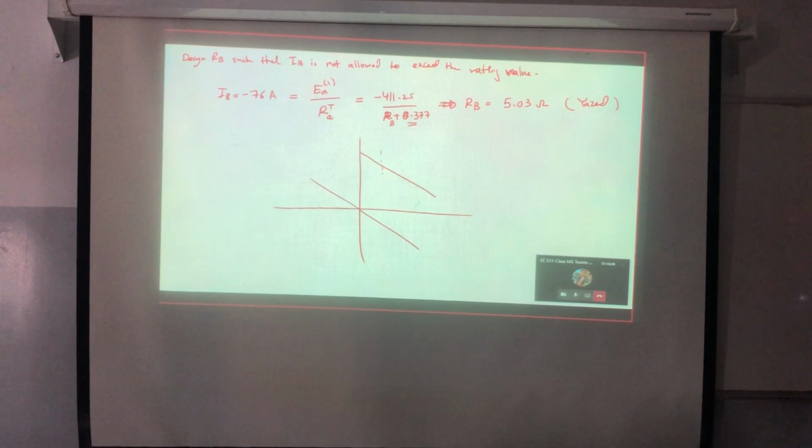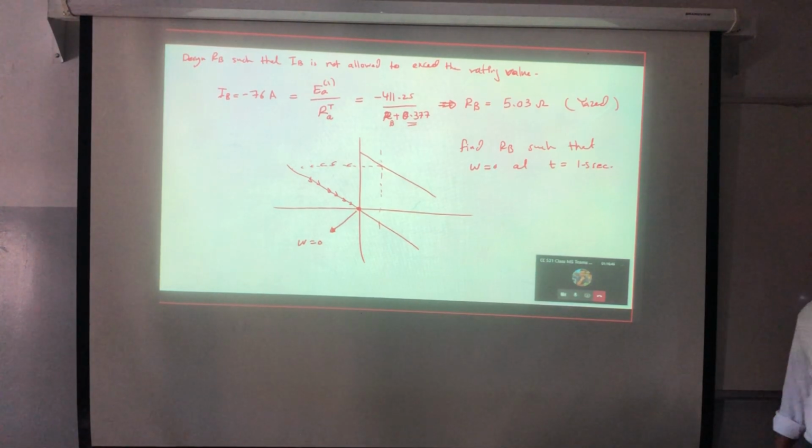I'm assuming I'm having gravitational load. This is the path that the current will follow, and the machine will cross the zero speed at this point. At this point, omega equals 0. So, find RB such that omega equals 0 at t equal 1.5 seconds.